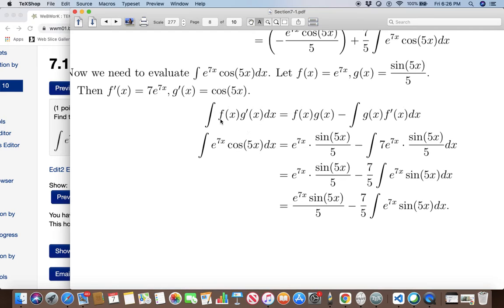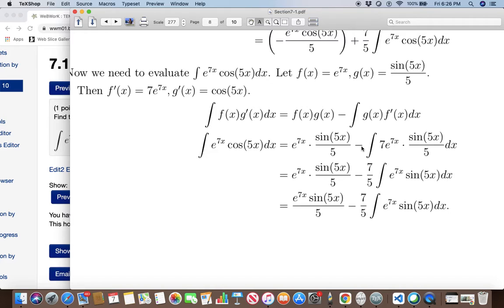So what do we have? Integral of f g prime is fg minus integral of g f prime.